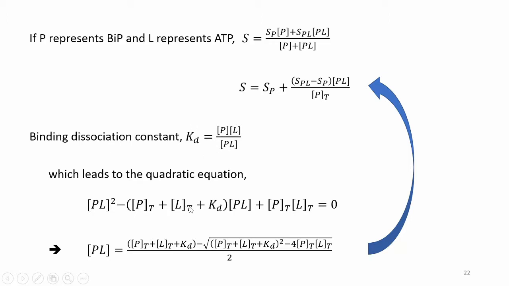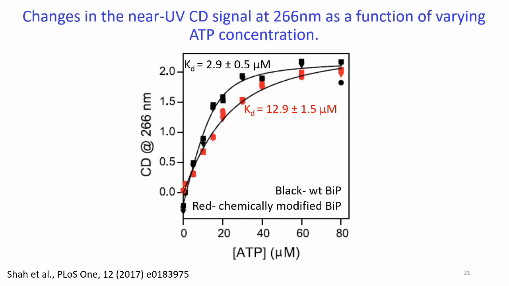So you have the total protein, total ligand, and then you can solve this quadratic equation. You can resubstitute this quadratic root into this equation, and then you can fit the data to get the dissociation constants. You can see that the chemical modification is decreasing this binding, that is, KD is going from 2.9 micromolar to 12.9 micromolar.